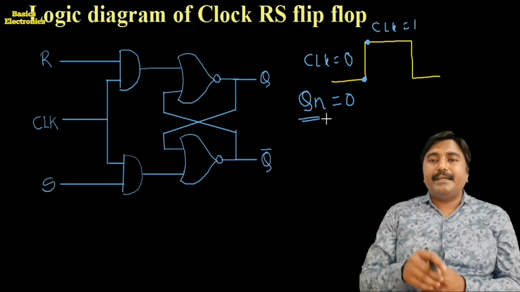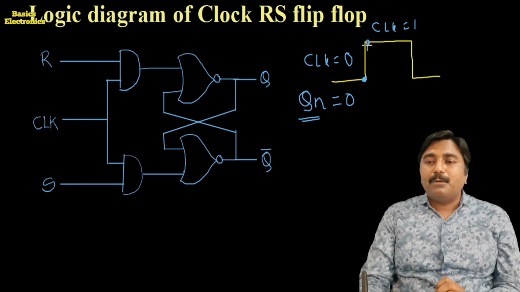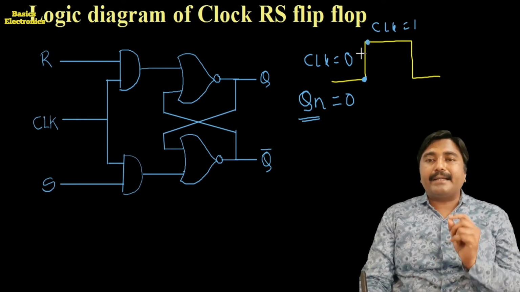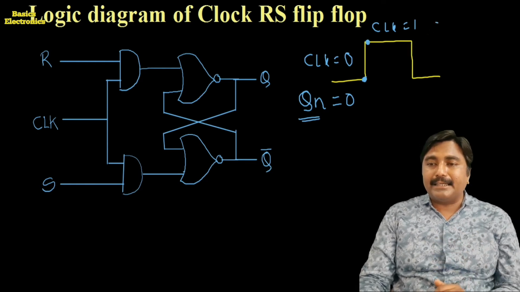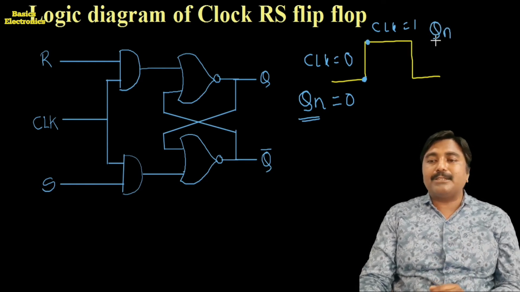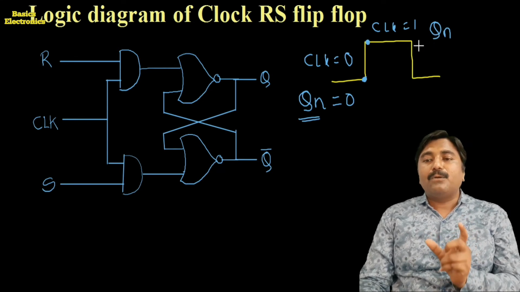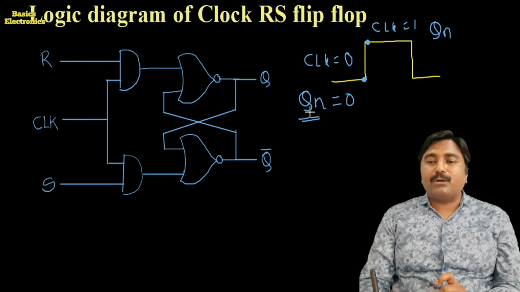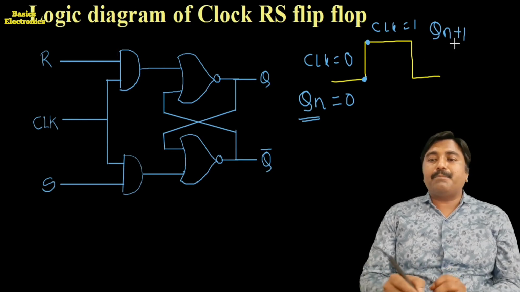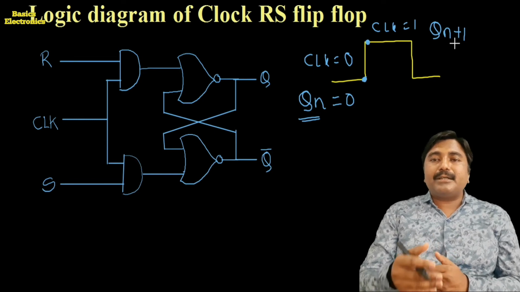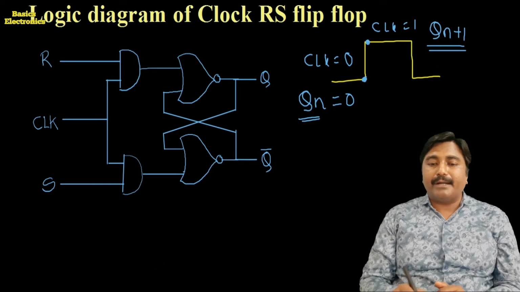Or you can say initially the flip-flop is in the reset condition, and when the clock pulse goes high, the flip-flop goes into the set condition. The previous output, when the clock pulse is low, we call Qn, and the output condition of the flip-flop just after the clock pulse goes high we call Qn plus 1.